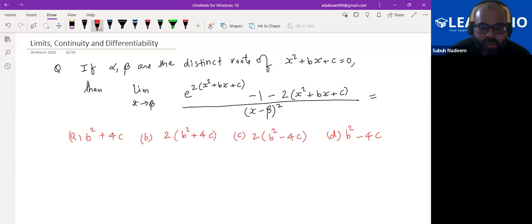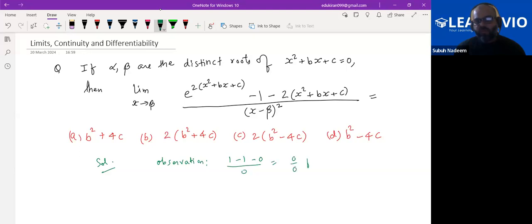And minus 2 into 0 will be 0. So what we observe here is that if you approach x as beta, then the numerator will be 1 minus 1 minus 0, so it is 0 by 0 form.